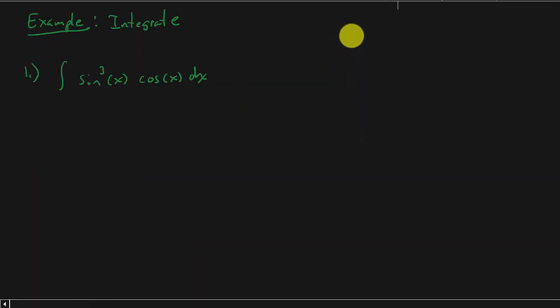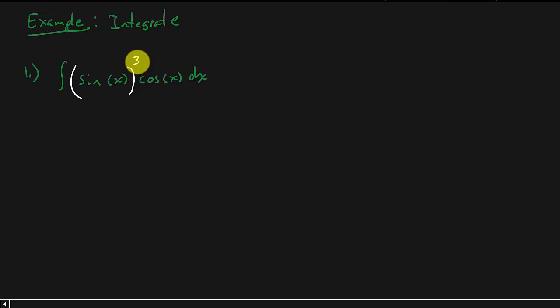All right, so look at this. Do I have something in parentheses raised to a power? Yes. You see this sine cubed here? I'm just going to erase this real quick. That's the same thing as that.